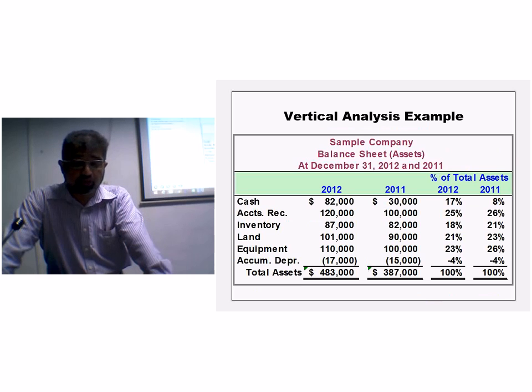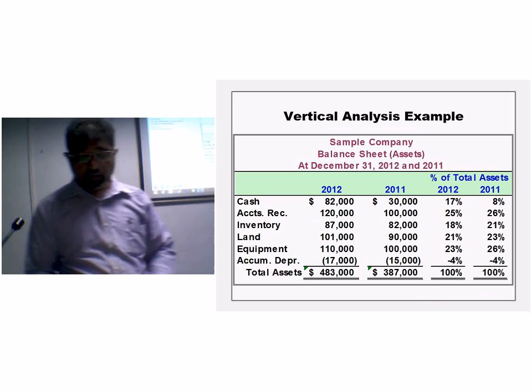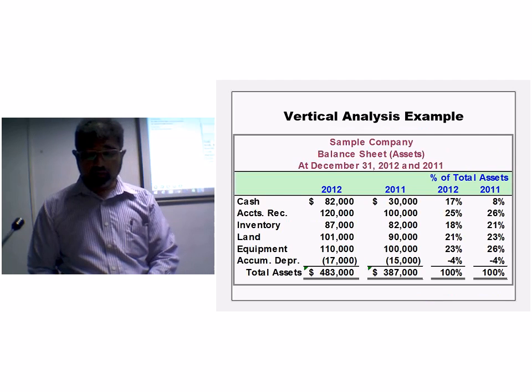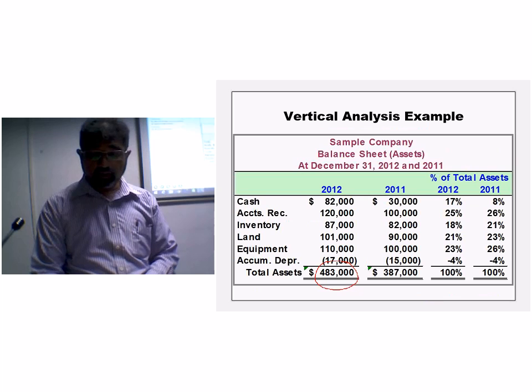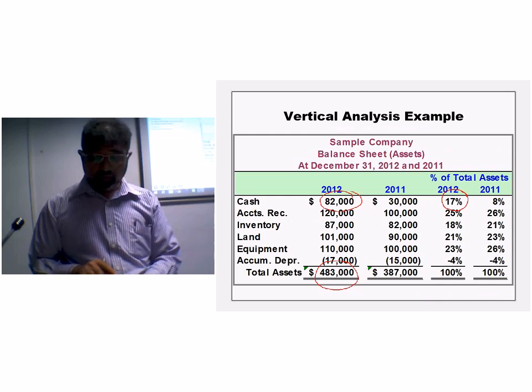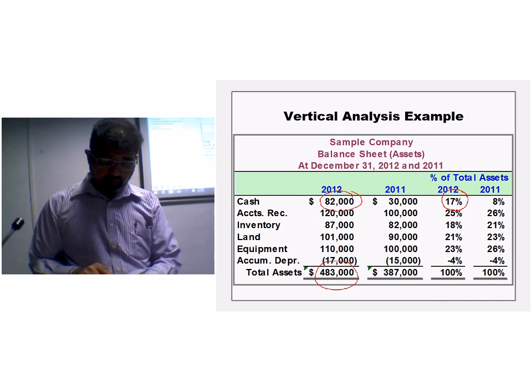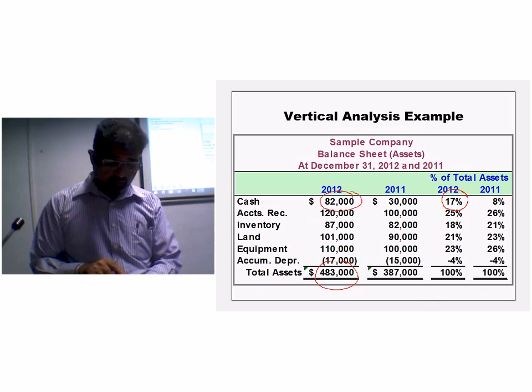Now if we move to the statement of financial position or the balance sheet, you can compare the difference between two common size values for 2012 and 2011. Here your total assets is 483. If you need cash, you can see 82 divided by 483 into 100.